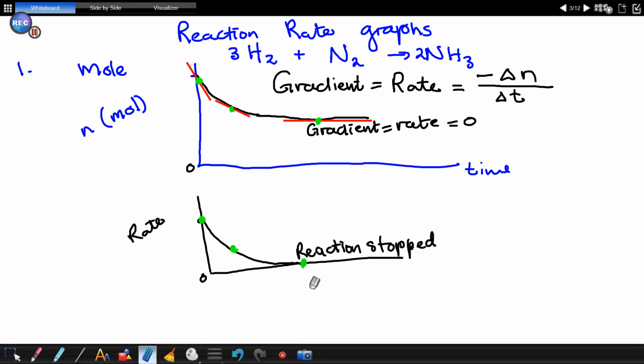Then, when the reaction has stopped, the rate will be 0. That is what you need to understand. You need to be able to see the difference between the two graphs. Will the rate graph always go to 0? If the reaction has time to stop, yes. But if it's a reversible reaction, it never stops. So it can never go to 0.